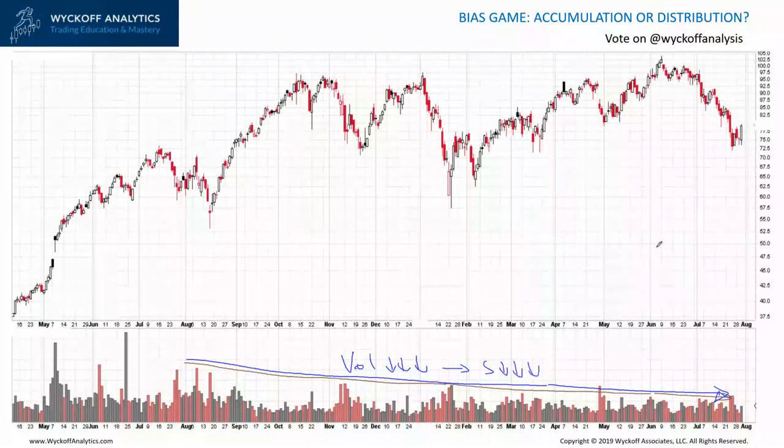Because we're thinking, well, volume is going down, so supply is diminishing. And that's true. But we never fully engage with the opposite side of the effort, which is demand. You might argue, okay, what is happening to the demand here? Wouldn't we see that demand is also diminishing?